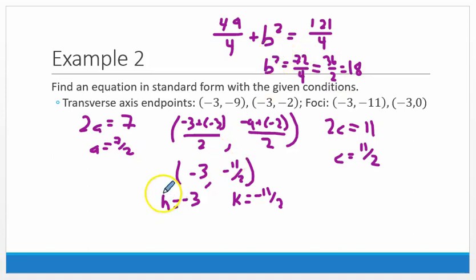So the last thing we need to pay attention to is which variable goes first. Is it the x value or the y value? And in this case, since the either the transverse axis endpoints or the foci, you can see that it's the y coordinate that's changing. That means I need to have my y value first. So I'm going to have y minus -11/2, so y plus 11/2.